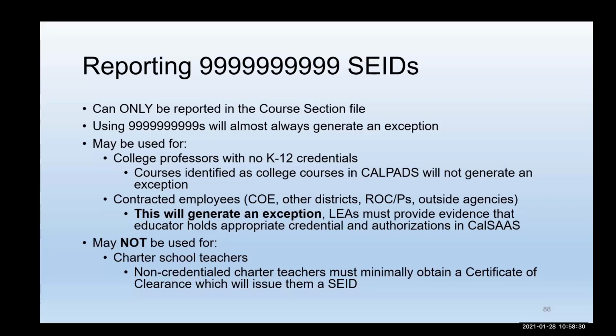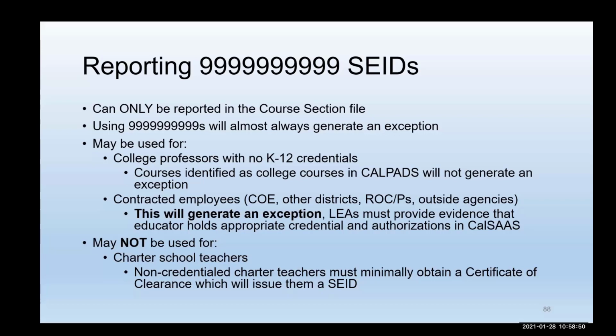So if you have itinerant staff at the district level that serve many sites within the district, we want you to report those individuals at their specific sites. If you have ROP teachers that are serving students at many districts, we want you to report those specific ROP teachers at the distinct sites.